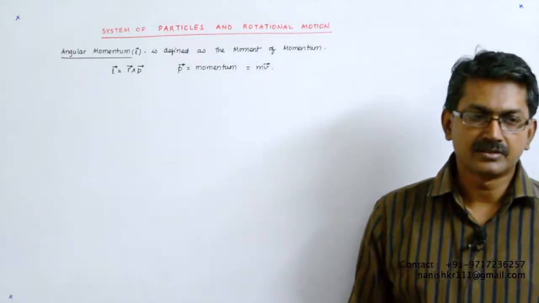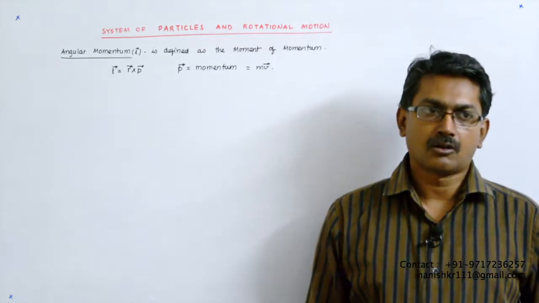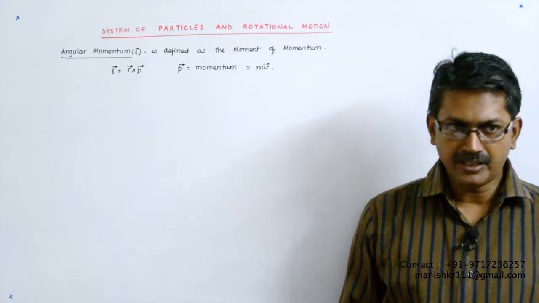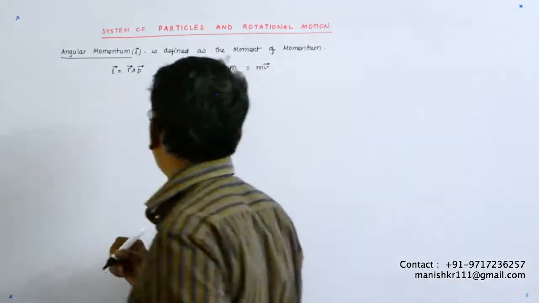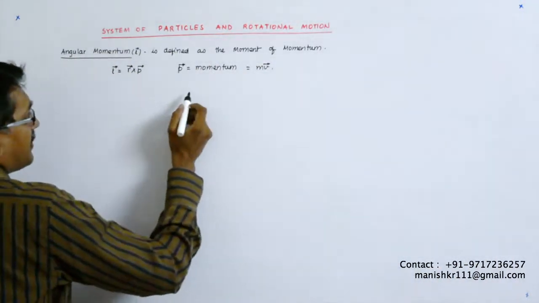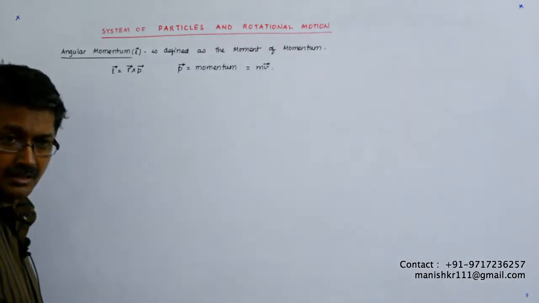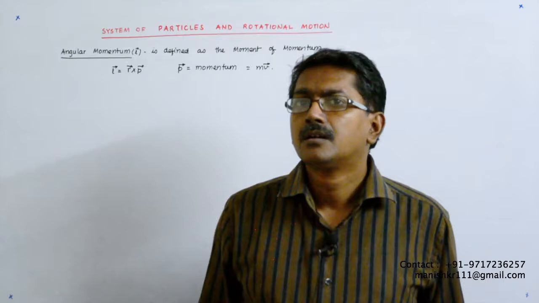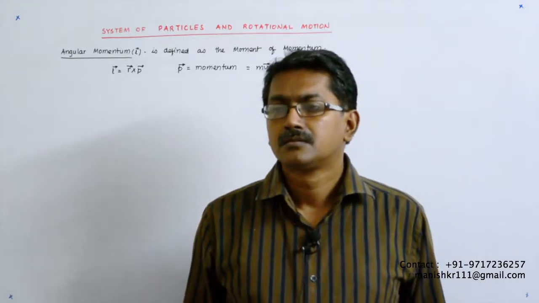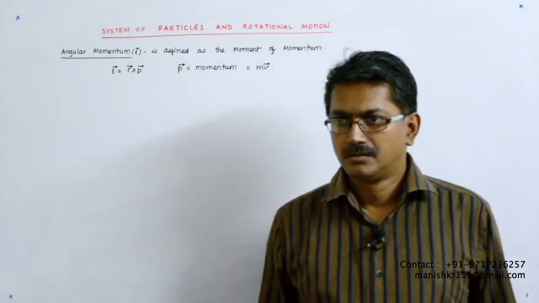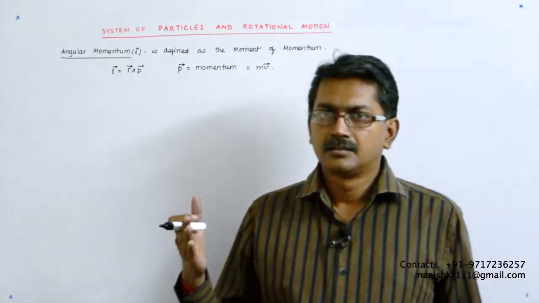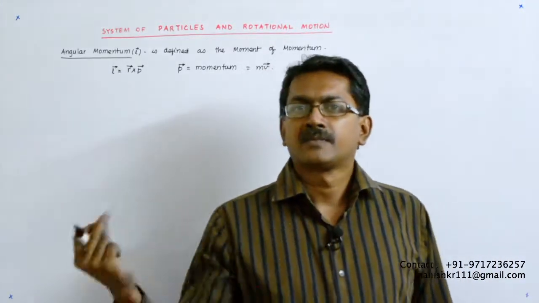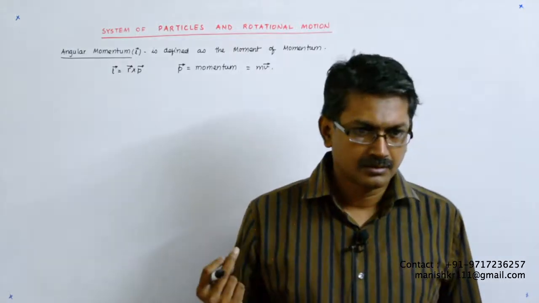So it is r cross mv, and what is v? v is that velocity, that translational velocity that a particle is undergoing.